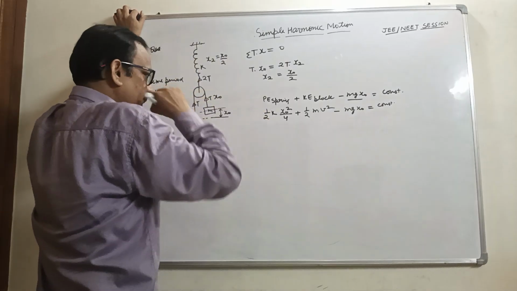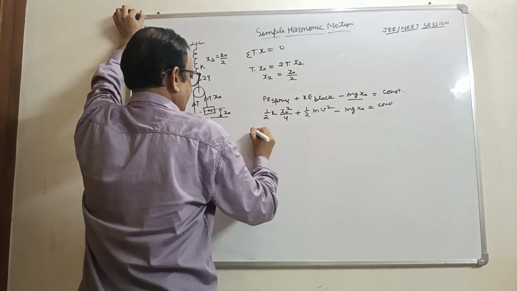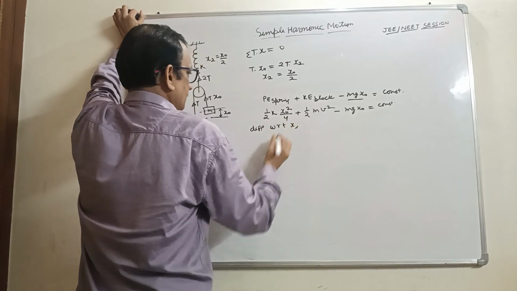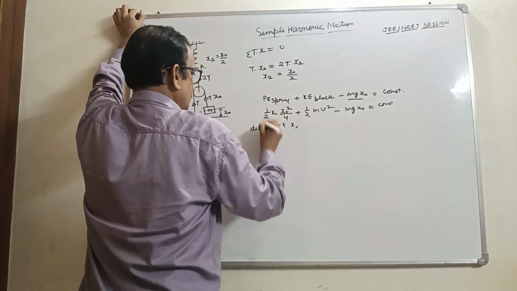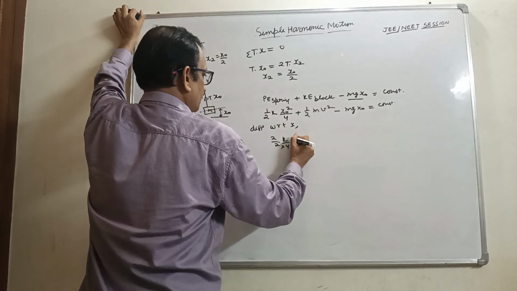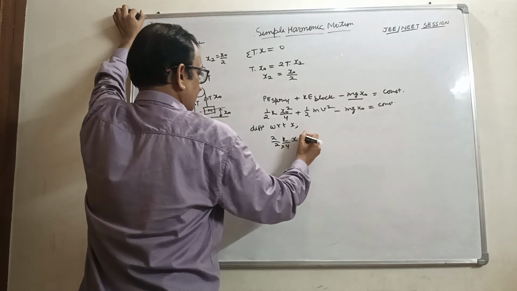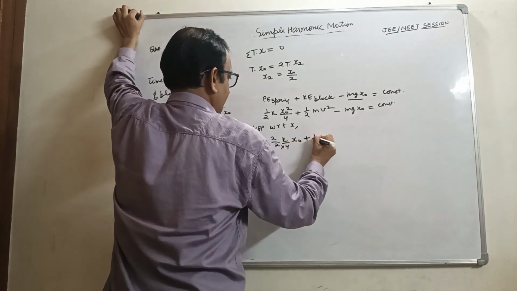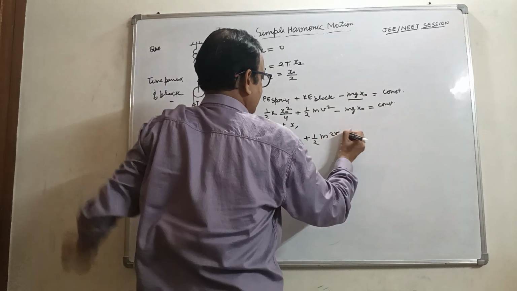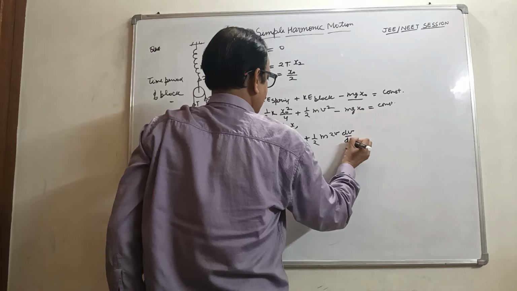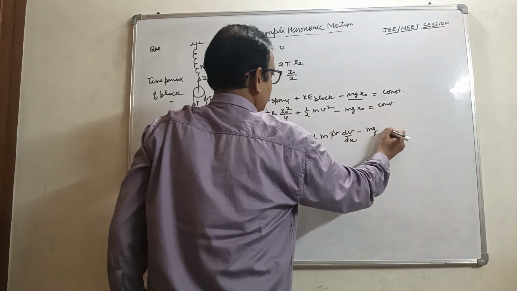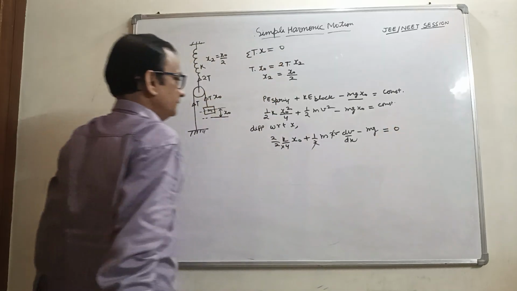So on differentiation with respect to x, this becomes 2 by 2 k by 4 into x naught plus half m v square differentiation 2v dv over dx, 2 cancel out, and minus mg, x naught is mg, and constant term 0.